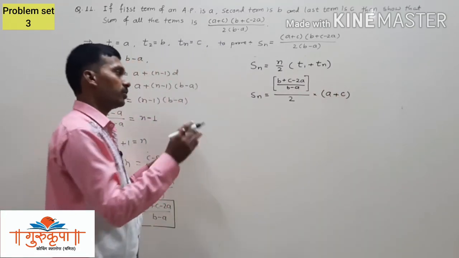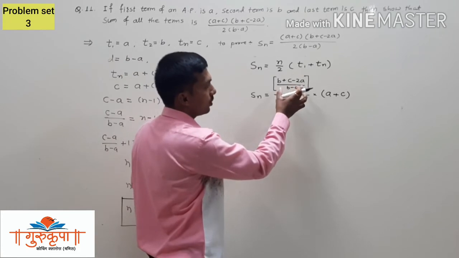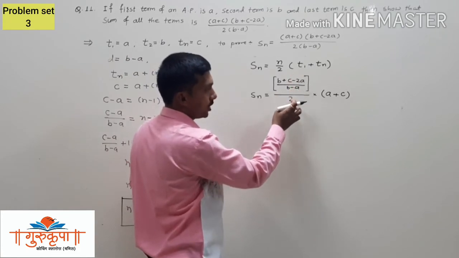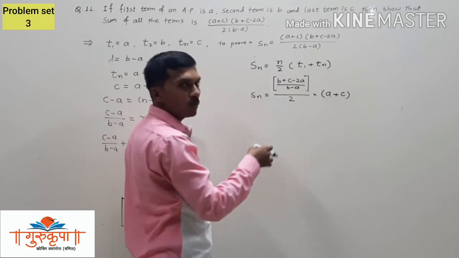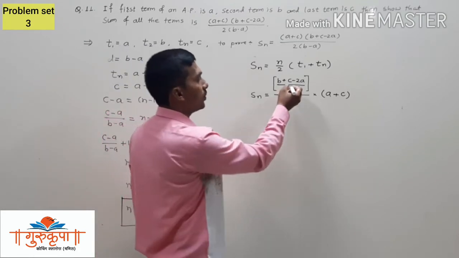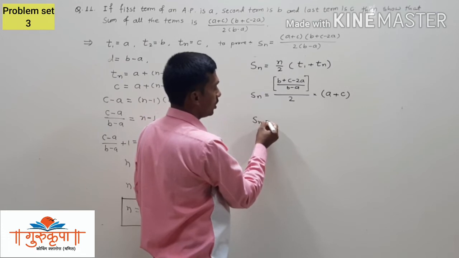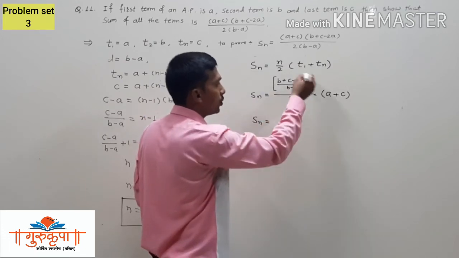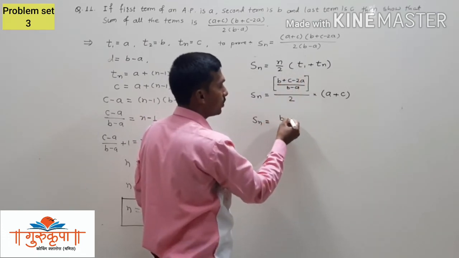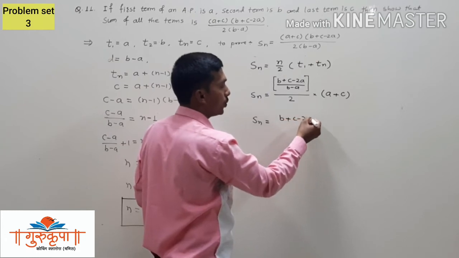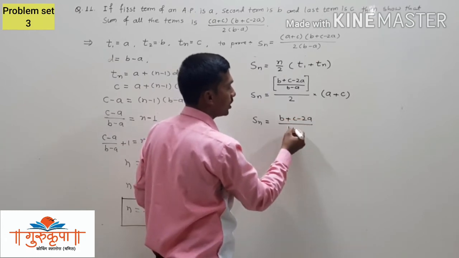And now we have to simplify this. Here we have 1, 2 and 3 terms below 1 upon 1. So how do we have to simplify this? That is very important. Sn is equal to the numerator we put as it is, that is (b + c - 2a) upon (b - a).